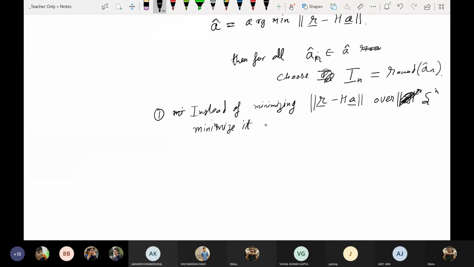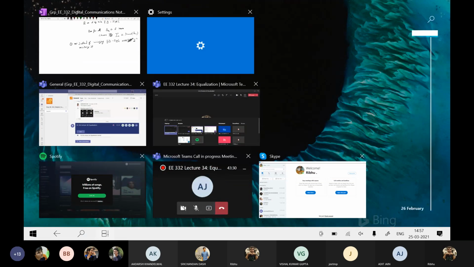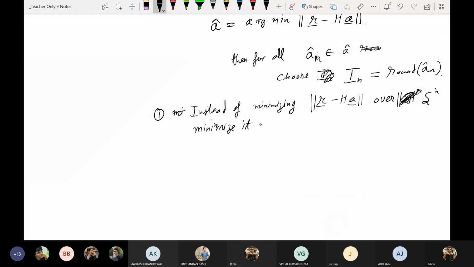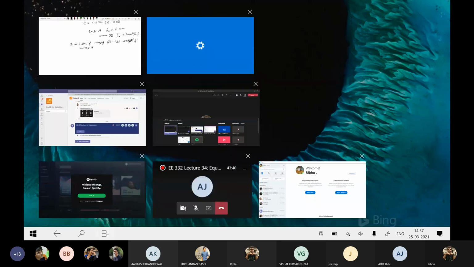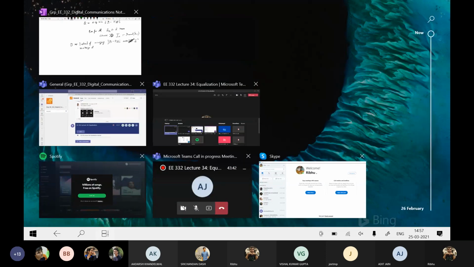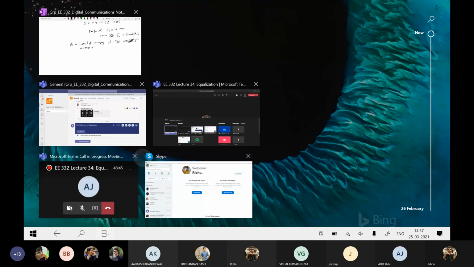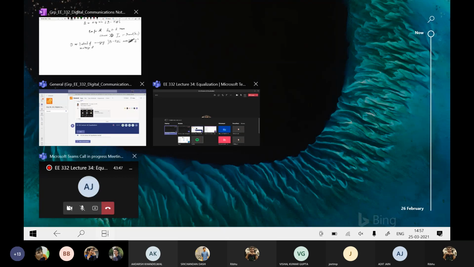Minimize it. Is the screen visible? Yes, sir, the screen is visible. Minimize it. The pen has for some reason stopped working. I'll just close all the unnecessary windows.